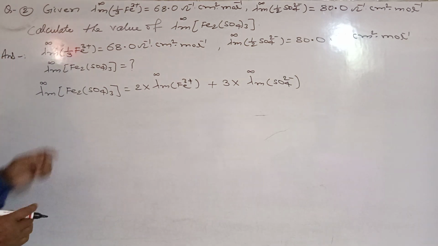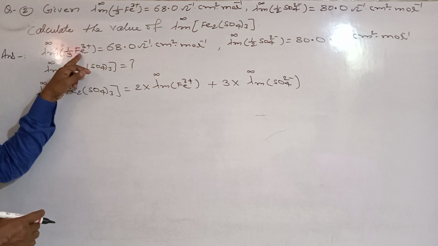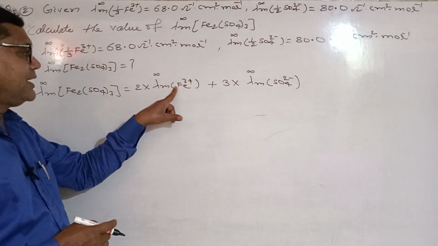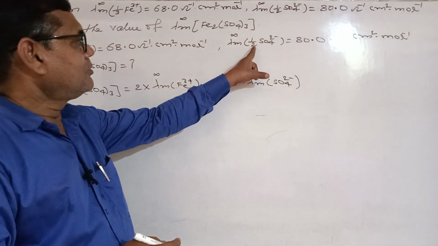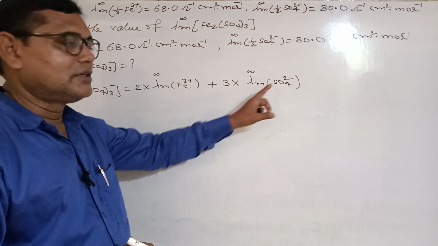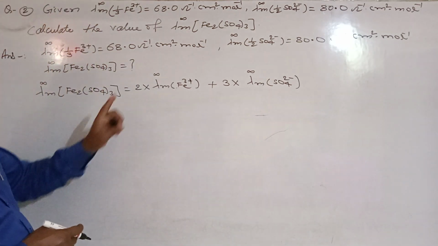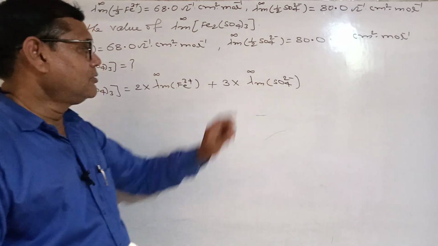We see the value of 68 is for 1 by 3 ferric ion, but here 1 by 3 is absent; and 1 by 2 is also absent. We write here 1 by 3 and 1 by 2.